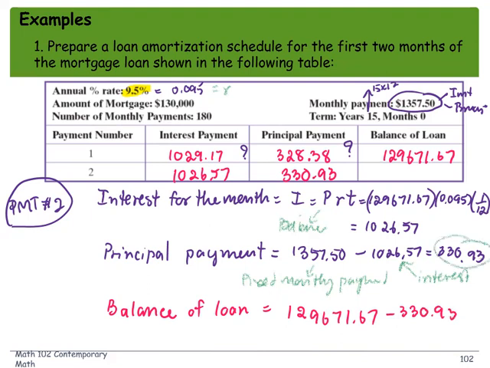So the balance of the loan will be 129,340.74, and this number is recorded in the table.